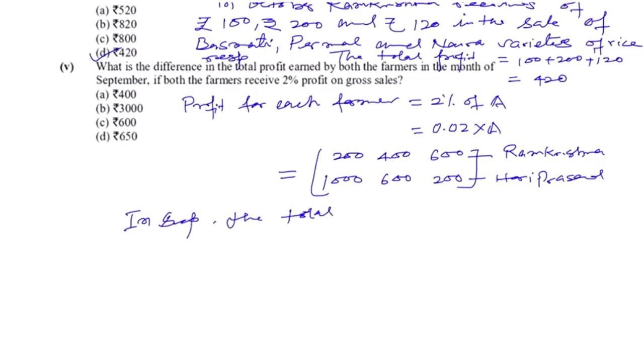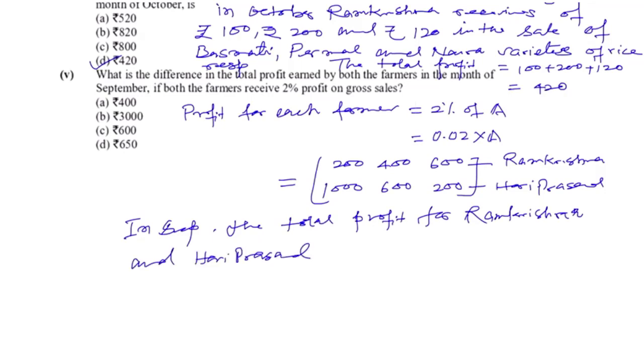In September, the total profit for Ram Kishan and Hari Prasad is rupees 1200 and 1800.